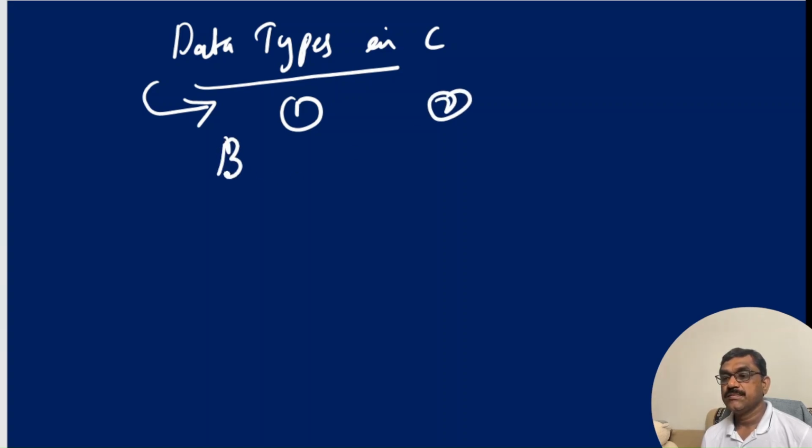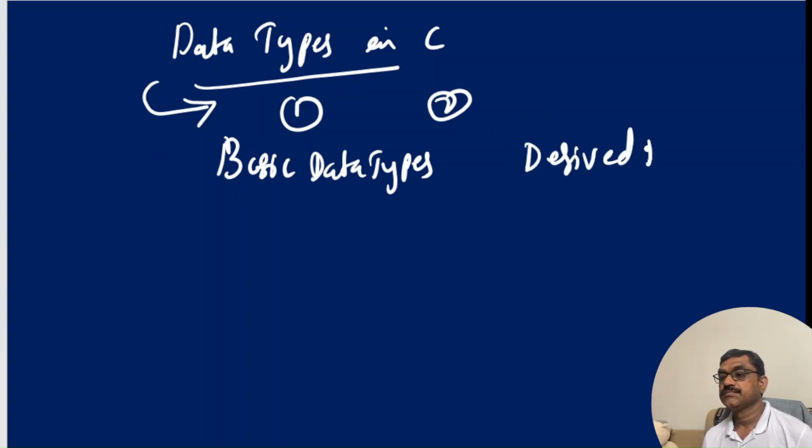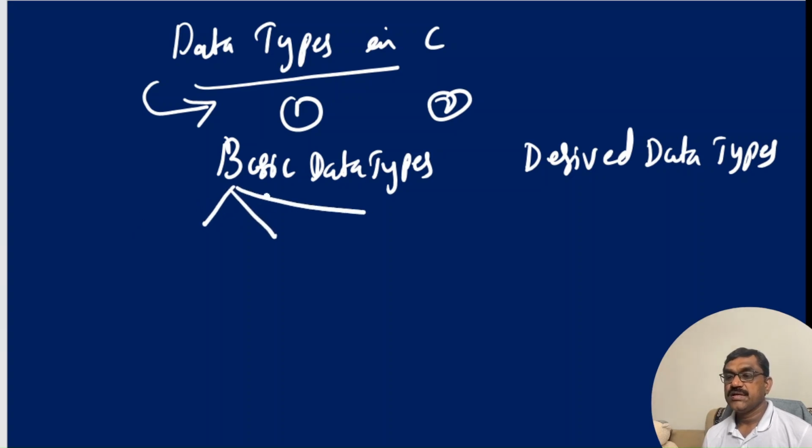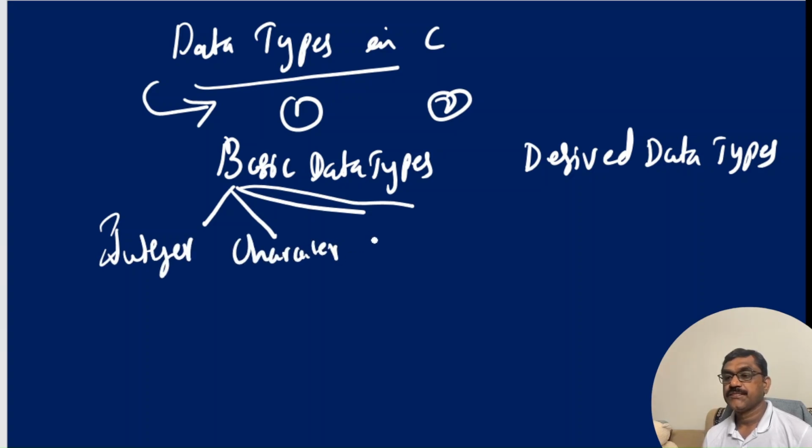The first one is basic data types, and the second one is derived data types. Under basic data types, mainly we are talking about the integer type, next the character type, third the floating type, and last we are going to discuss void.